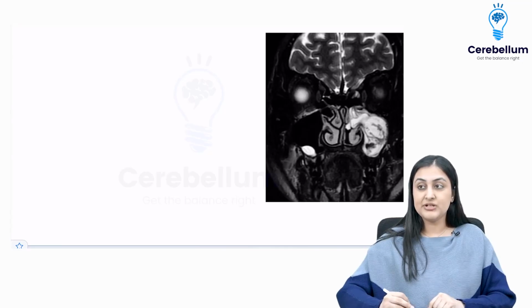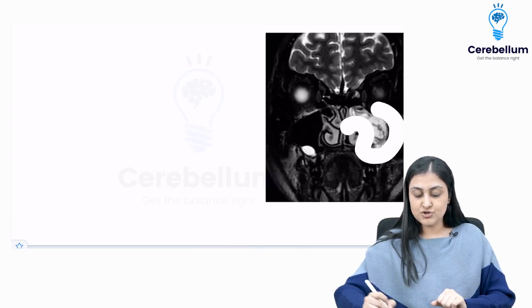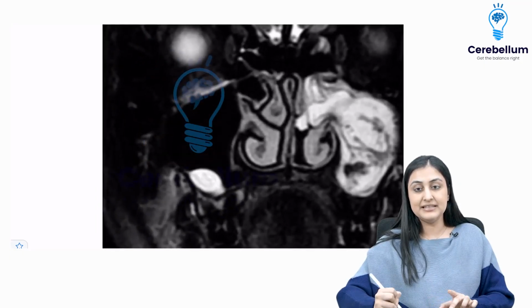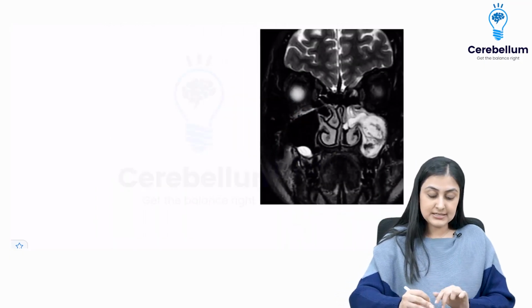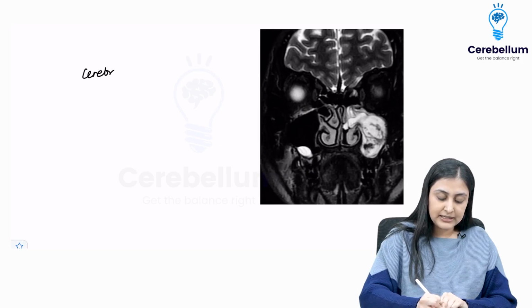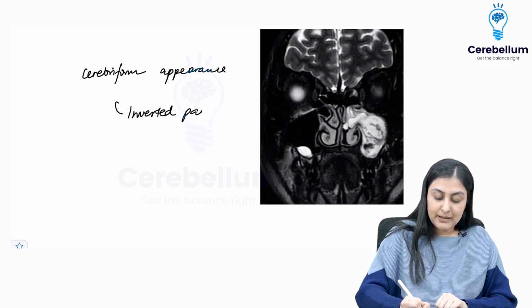In this case, we have been shown an MRI, in which there is a large tumor in the maxillary sinus on the left side, and you can see these linear hypointensities. This kind of looks like the brain, so this has been given the name of a cerebriform appearance, and this is an inverted papilloma. So inverted papilloma, you have the cerebriform appearance.